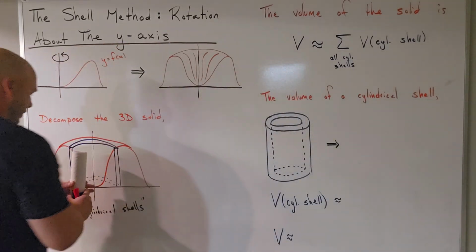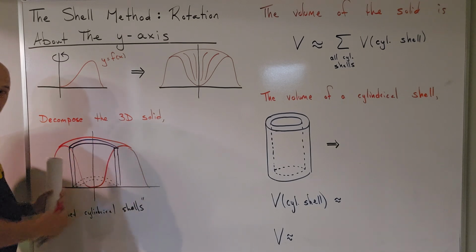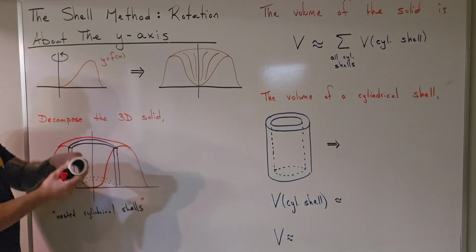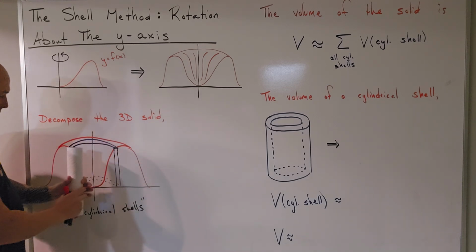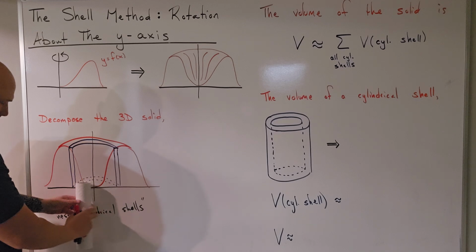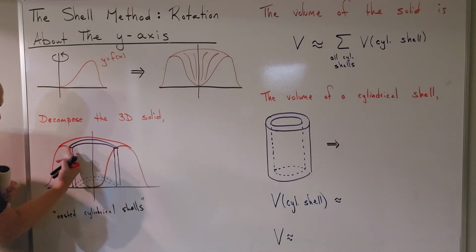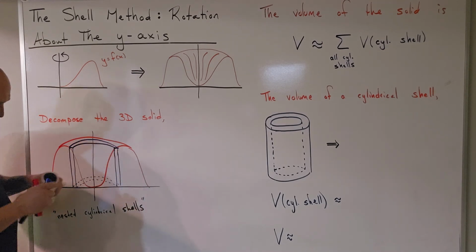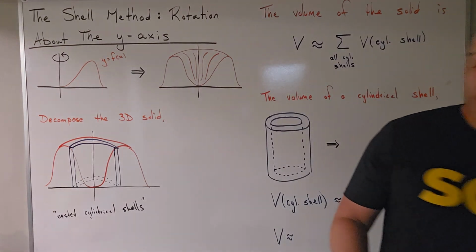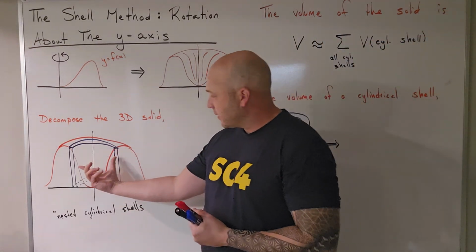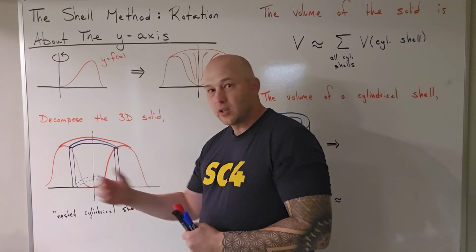I'm going to approximate each of these as nested paper towel rolls. So I've got a cylindrical shell, with a hole in the top, a hole in the bottom, and it's got a width to it. Think of these as, down here, it might be that tall, then this tall, then this tall, and so on. And you can imagine that this here is just the back half of one of those cylindrical shells. That is going to be my basic object that I'm going to decompose this into: this collection of nested cylindrical shells.